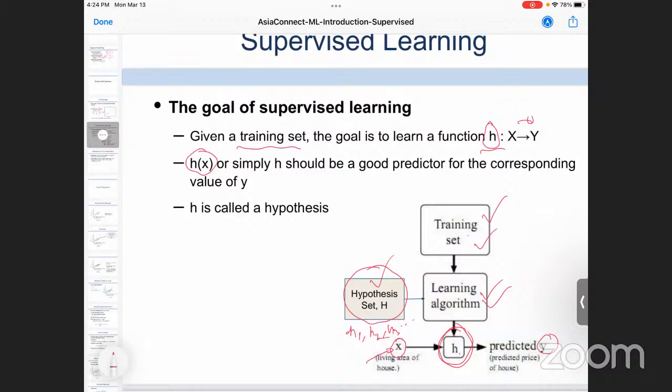This part is not learning, it is just evaluating your query, or inference. After learning, you got an h, and then you can give x as input, and using this learned function, it can predict a value y. So this is supervised learning.